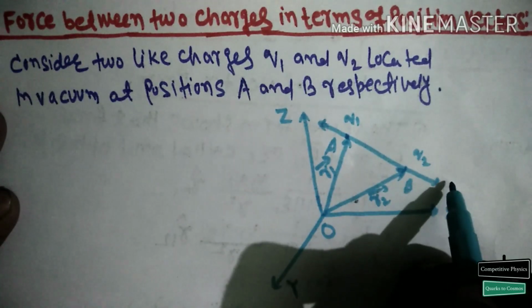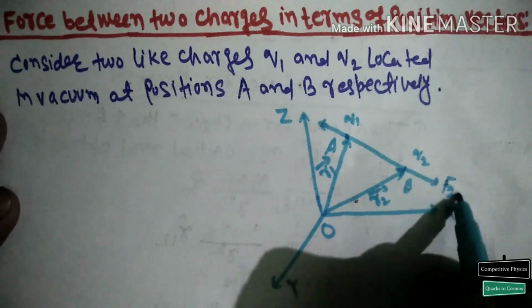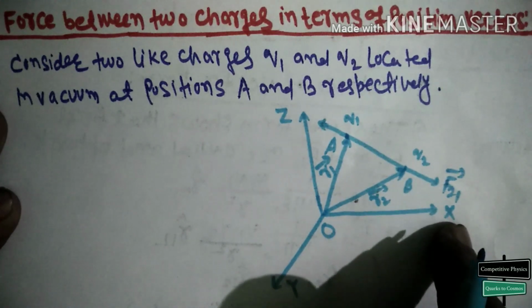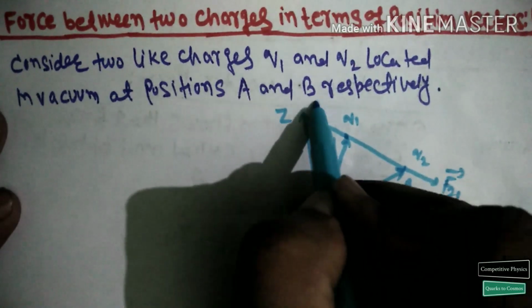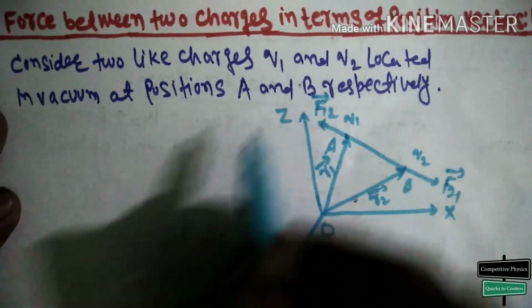Here you have the force F21, that is force on the second charge due to the first charge, and here is the force on the first charge due to the second charge, F12.